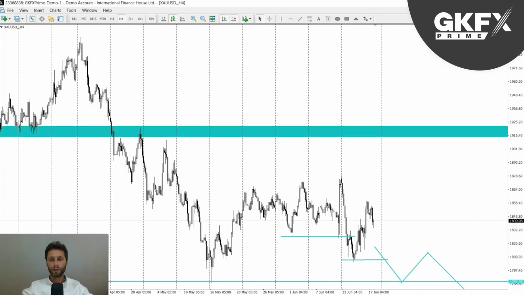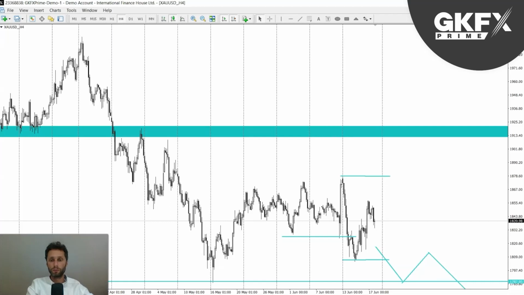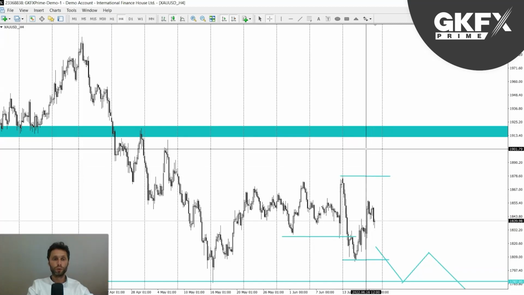Okay. Now, the other possible scenario I have to consider is that the market may not do that. It may break higher, and if it moves higher and beyond this level, that would be a break of a major structural point, and then I'm going to have to shift my bias and shift my outlook into a possible bullish setup.